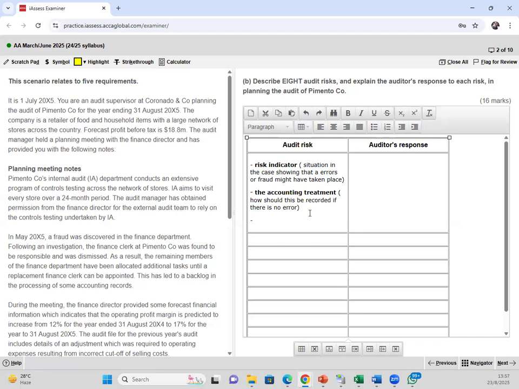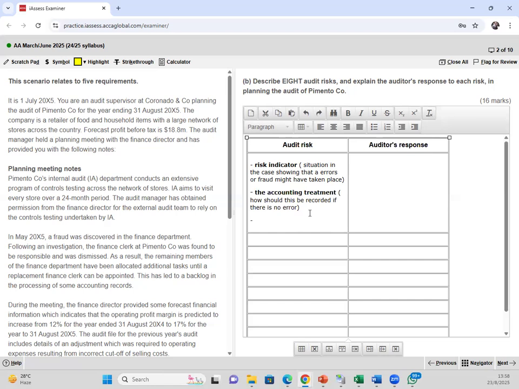Then besides the accounting treatment, we move to the last stage. The accounting treatment is applied provided that it's a risk that involves standards, in most cases. If it's a risk that is involving the standards, you tell us what does the standard say we should do?